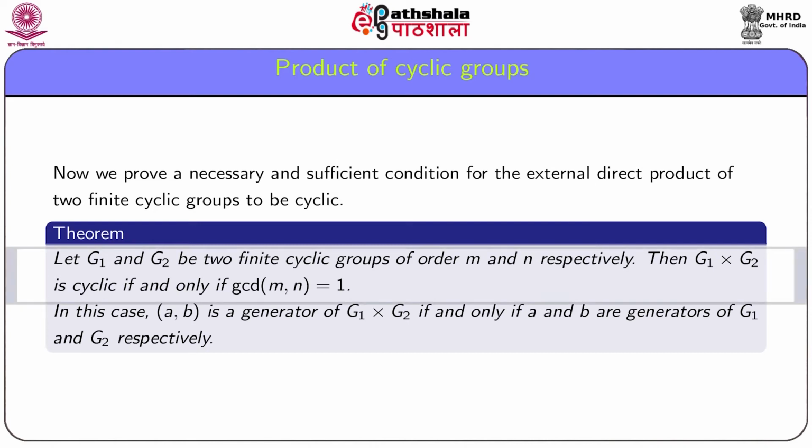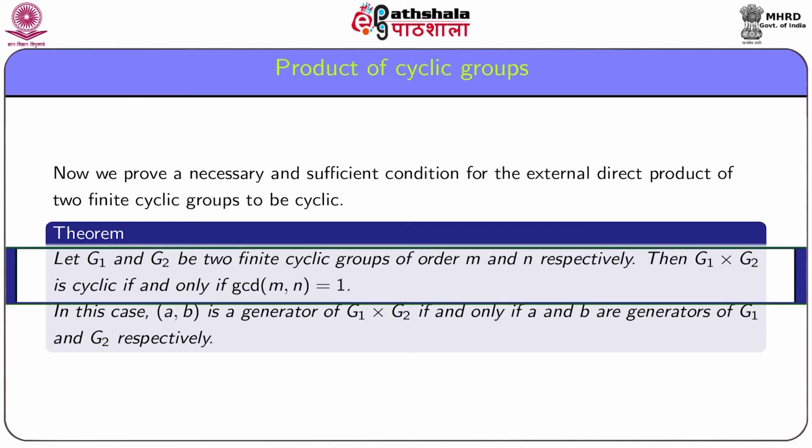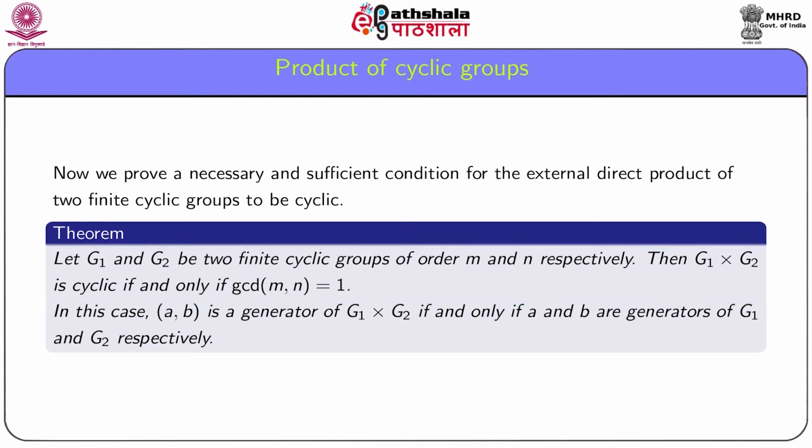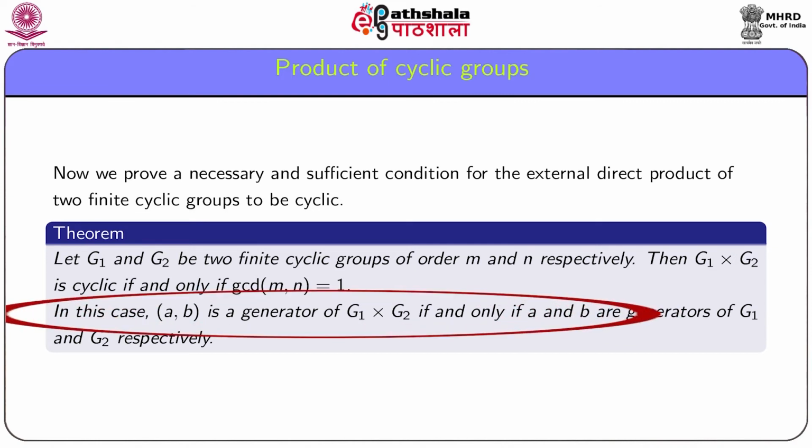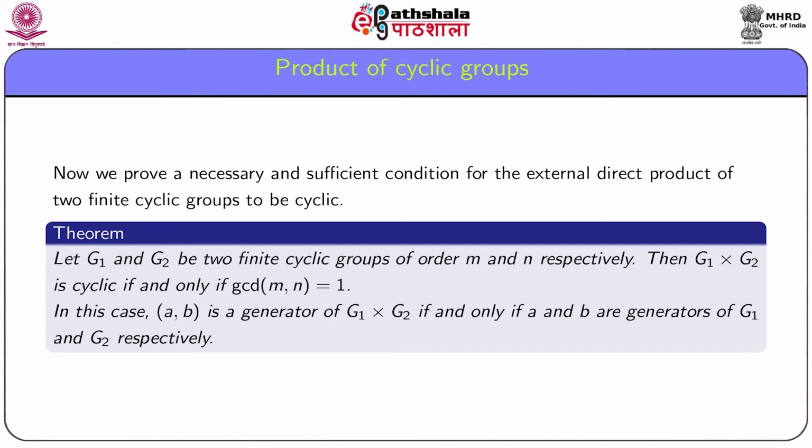Let G1 and G2 be two finite cyclic groups of order m and n respectively. Then their Cartesian product G1 cross G2 is cyclic if and only if m and n are relatively prime. Moreover, in this case, the pair (a, b) is a generator of G1 cross G2 if and only if a is a generator of G1 and b is a generator of G2. Actually, this gives generators of the group G1 cross G2.